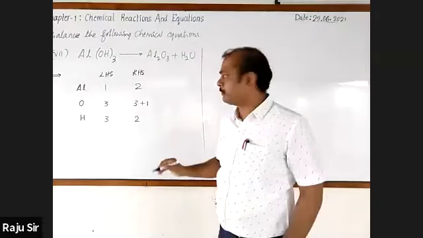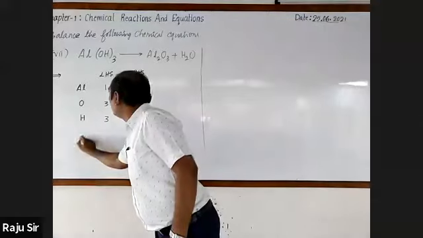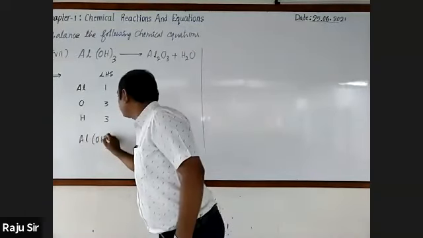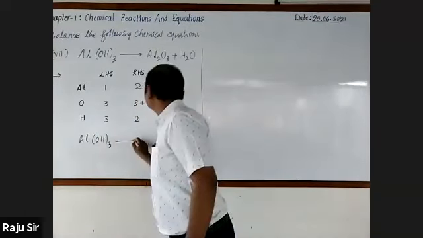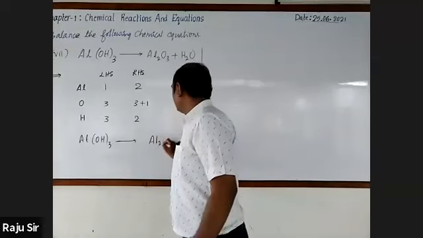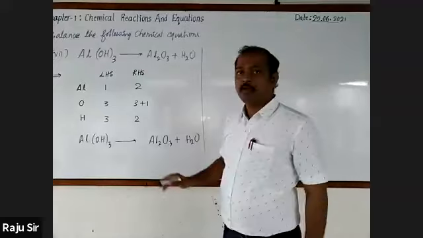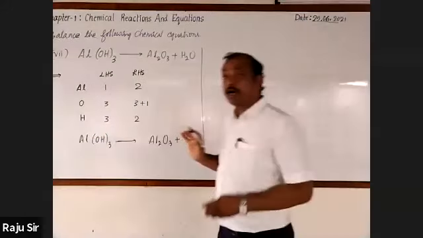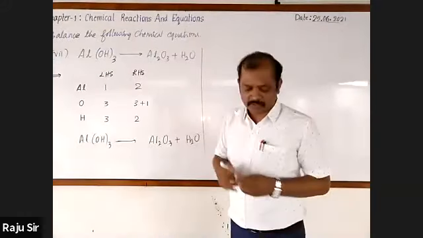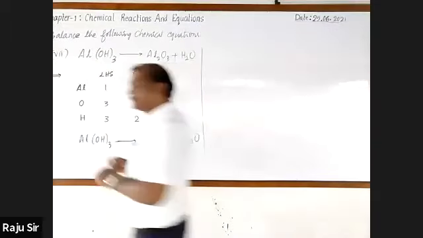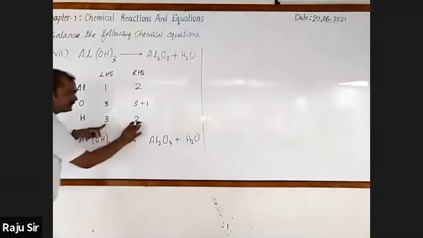Please don't write, keep observing. I'll show you both possibilities. Here aluminum hydroxide Al(OH)3 gives rise to Al2O3 plus H2O. Now I go for taking hydrogen. Observe, let us go for balancing.